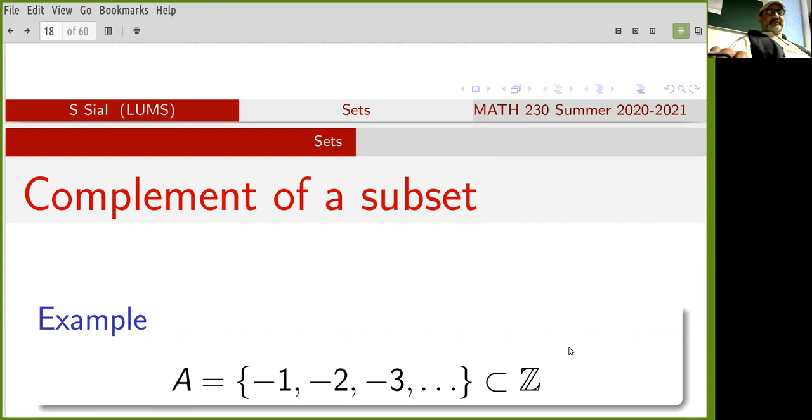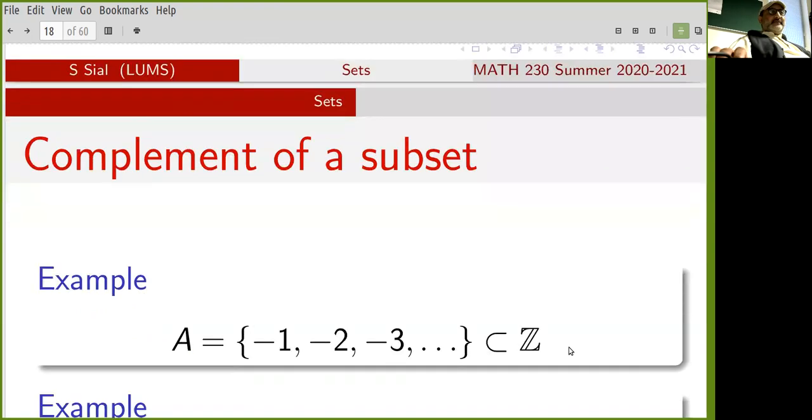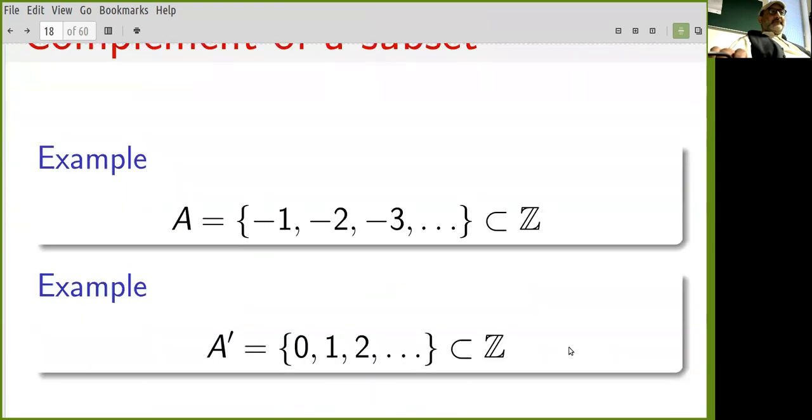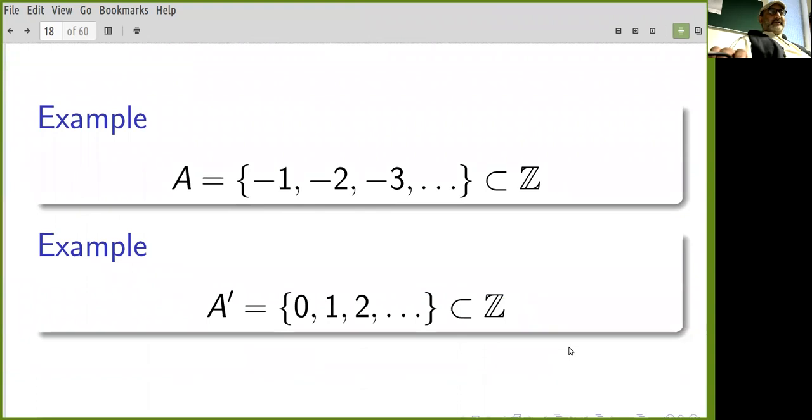Well, 0 is not in A, but it's in the integers. 1 is not in A, but it's in the integers. 2 is not in A, but it's in the integers. So the complement of A with respect to Z consists of the integers 0, 1, 2, and so on.